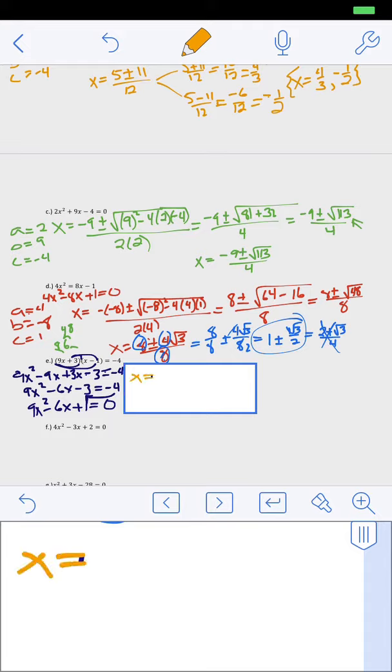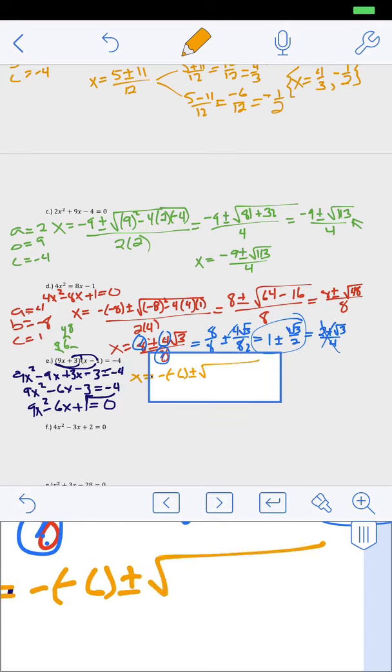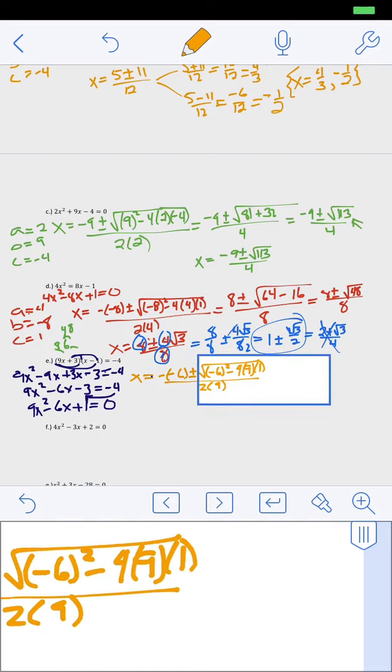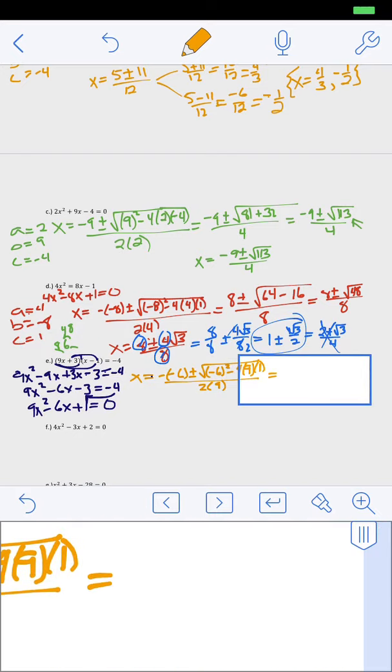X is equal to minus b, so minus negative 6, plus or minus square root of b squared minus 4ac all over 2a. Right? That's how that works. So I plugged in all the numbers. I didn't separate them out this time because I feel like we can kind of see where that's coming from. If not, then make sure you email me and I can help you out. Okay, so negative 6 becomes a positive 6.